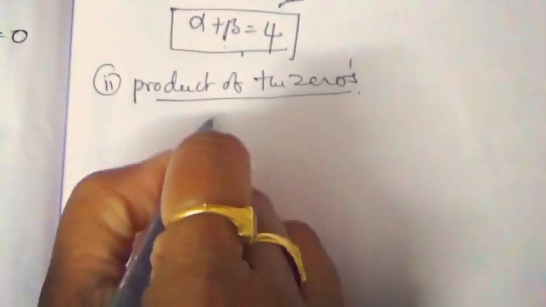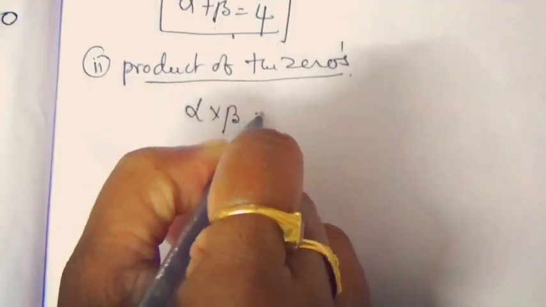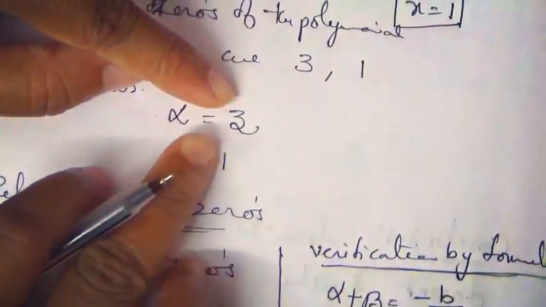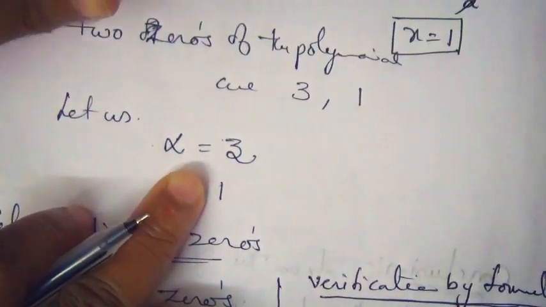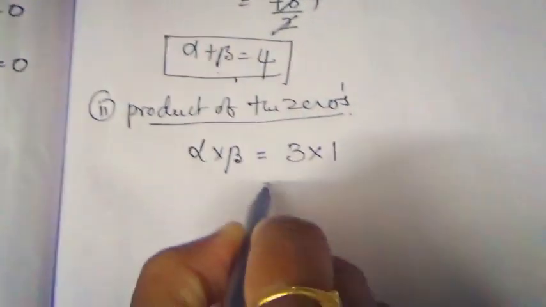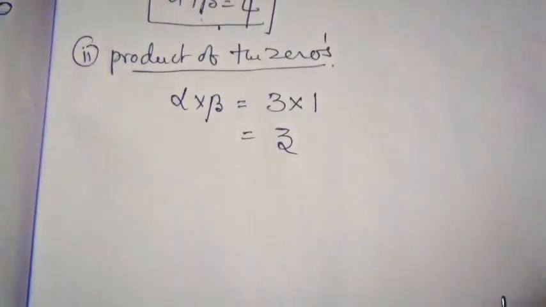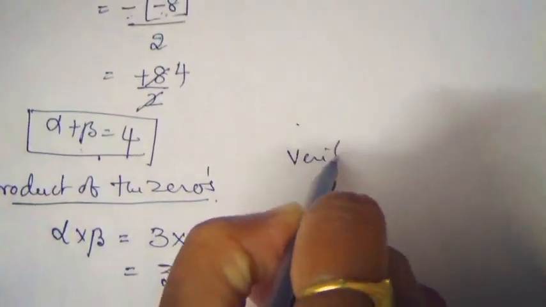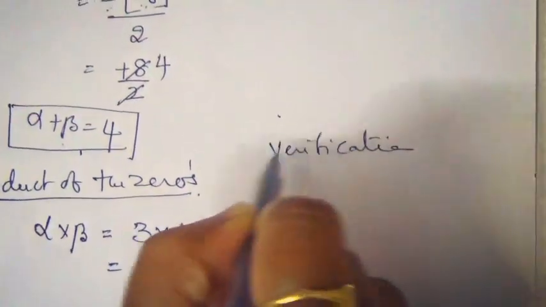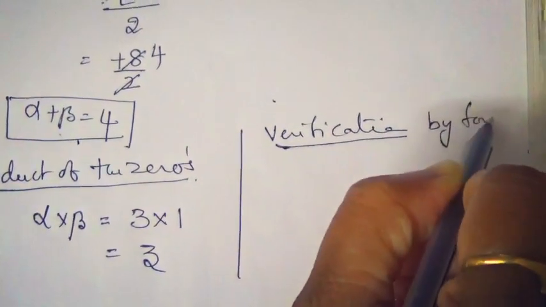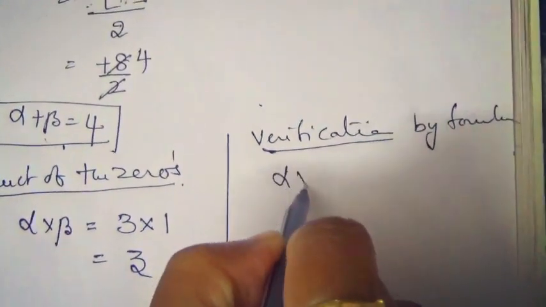Product of the zeros means alpha into beta. The values we got by factorization are 3 and 1, so 3 into 1, 3 ones are 3. I want to verify it by the formula.